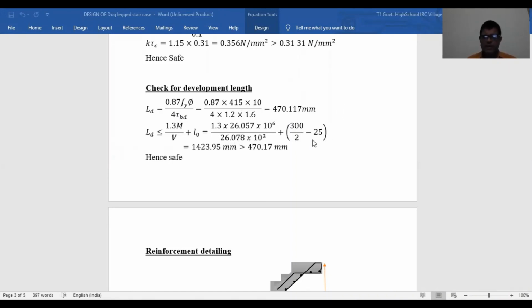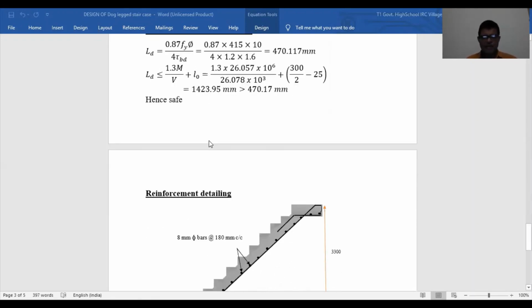So you check that Ld is less than 1.3 M by V plus L0, because it is simply supported at both ends, so the reactions will produce compression. That is why 1.3 is multiplied for the calculation of M by V. Once the check for development length is completed, you can go for the detailing.